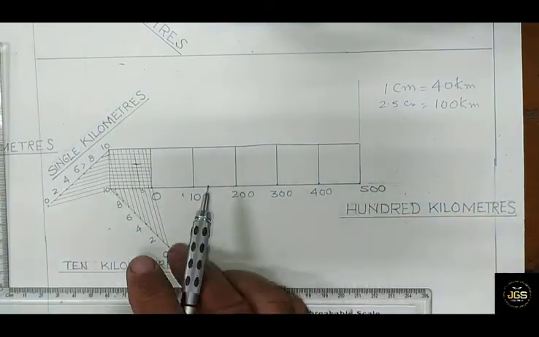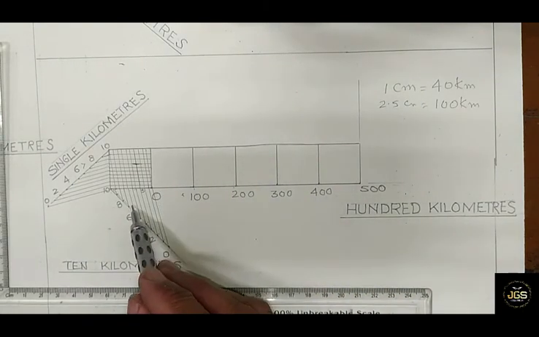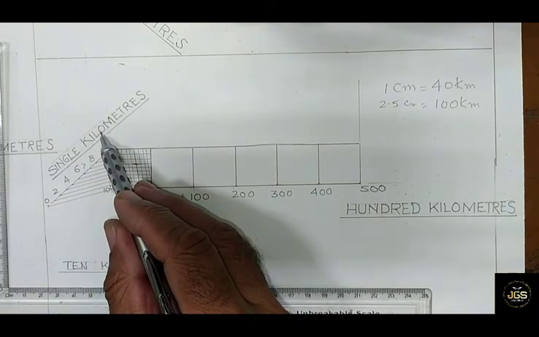So here we have written 0 to right hand side 100 kilometers, 0 to left hand side 10 kilometers, and these are the single kilometers.